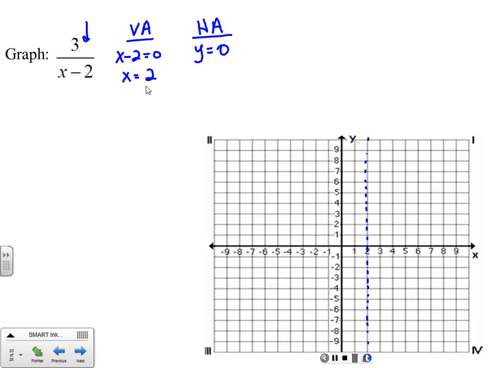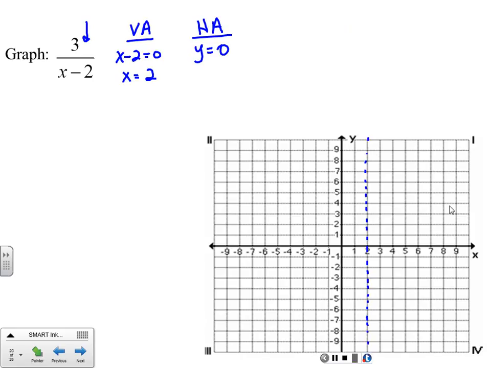There it is. So now, this is the easy part, okay? Because again, we're not going to get very technical about this. Is this rational function positive or negative? Positive. So what quadrants do you think it's going to be in? Do you see your new 1 and 3 quadrant?